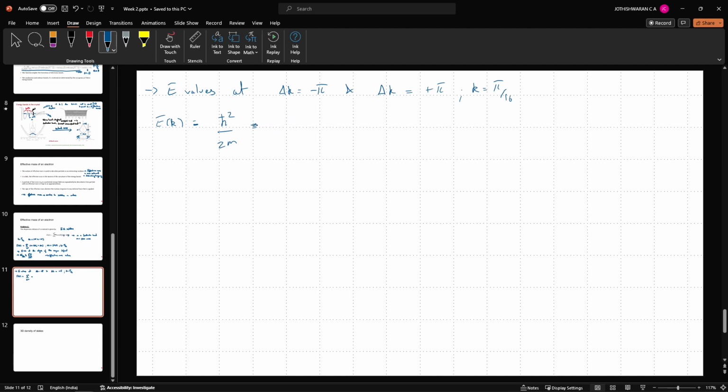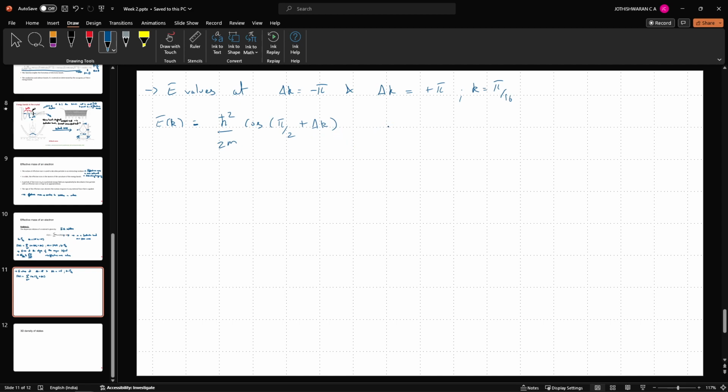So now what is happening here is, the function that we have is cos. Now since k naught is pi by 16, this will become cos of pi by 2 plus delta k. That's all. Because 8 times 16 is 1 by 2. So we'll have pi by 2 plus delta k.